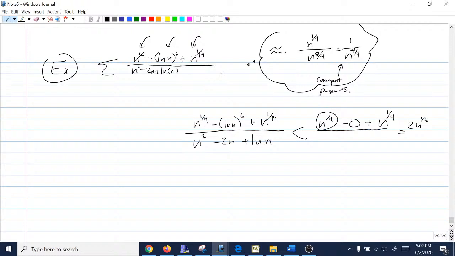It's okay if there's a 2 on my p-series, I still understand that that means the p-series converges. Here's a really nice way of throwing terms away. To make the top bigger, I need to make this bigger. I could make it smaller by changing it to 0, I could make it bigger by changing it into n to the 1/4. Either of those works to help me understand that this thing is basically the same size as n to the 1/4.